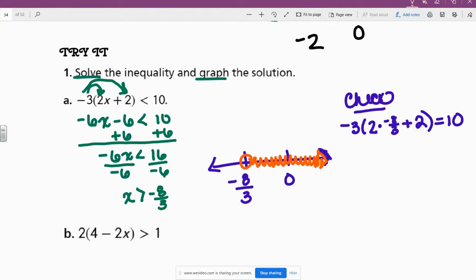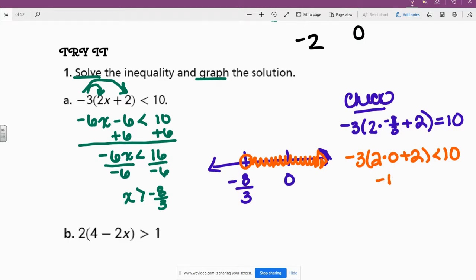So my second check is to see if one of the solutions, because there's an infinite amount of solutions here, works in the inequality. And I like to pick 0. We had that conversation yesterday. So I'm going to take -3 times 2 times 0 plus 2, and hopefully it's less than 10. This time you're going to put the inequality in there because it should be true.